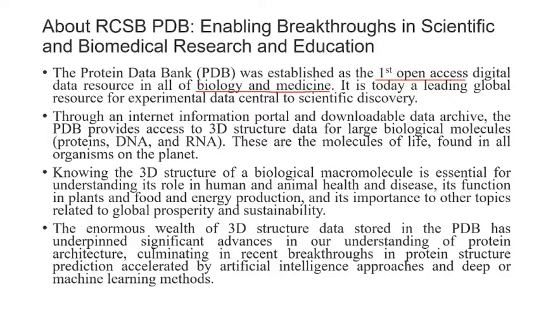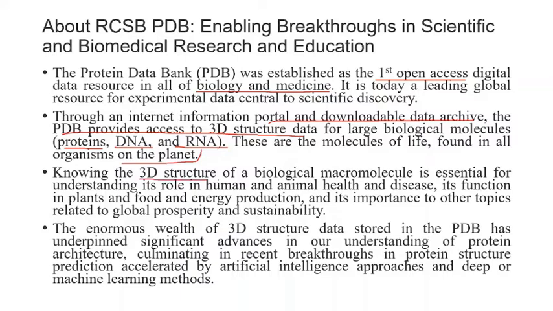So through an internet information portal and downloadable data archives, the PDB provides access to 3D structure data for large biological molecules, for example proteins, DNA and RNA. These are molecules of life. You all know that, and they are found in all the organisms present on the planet.